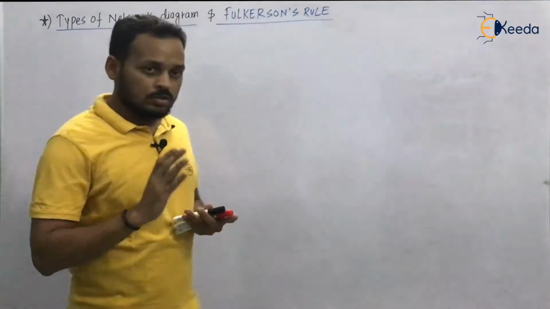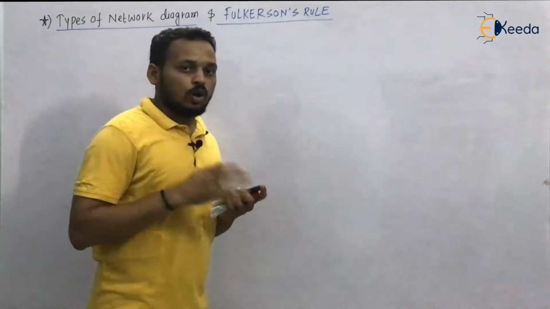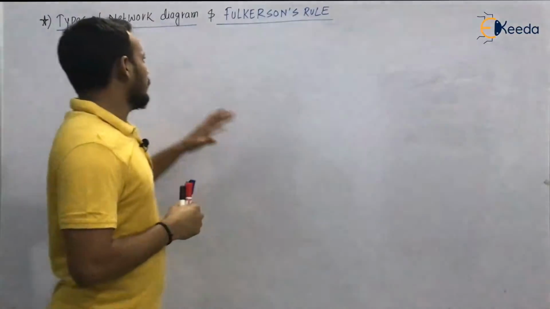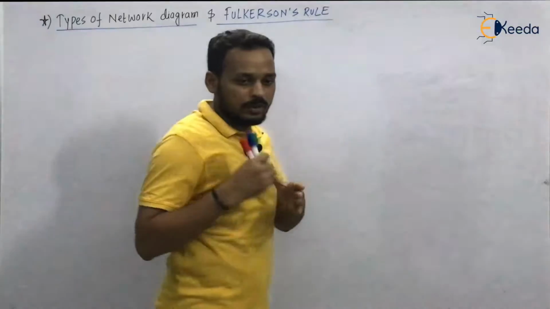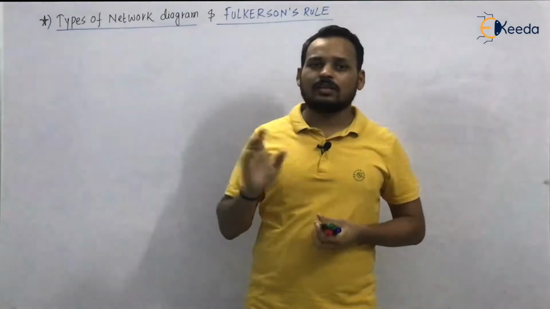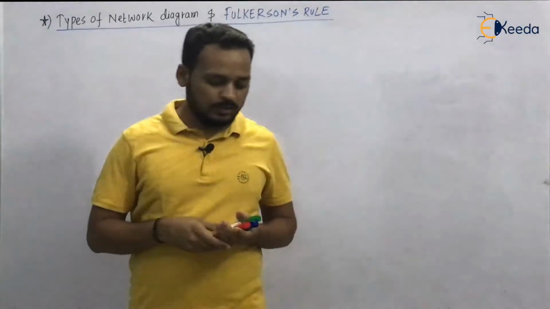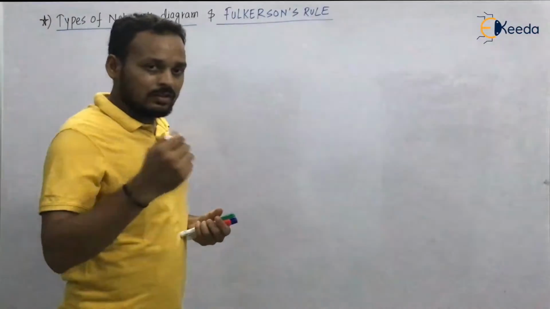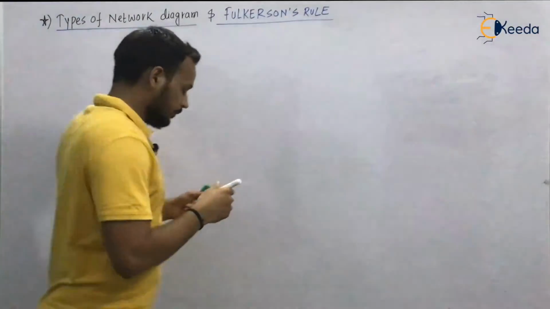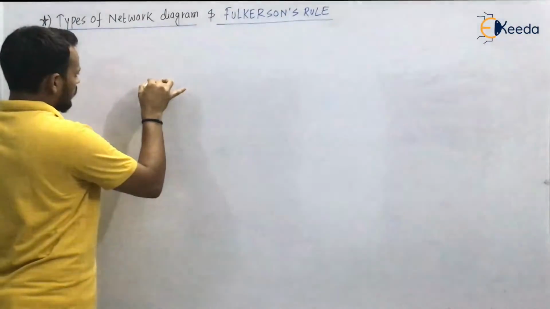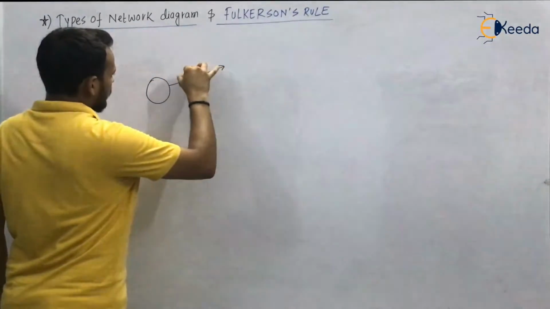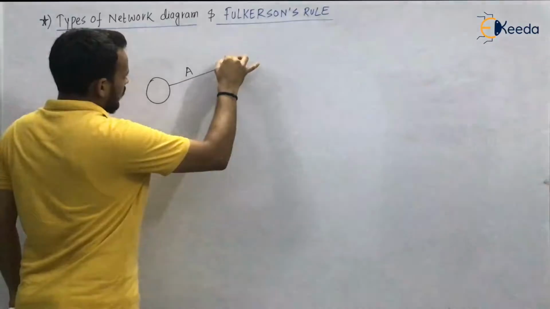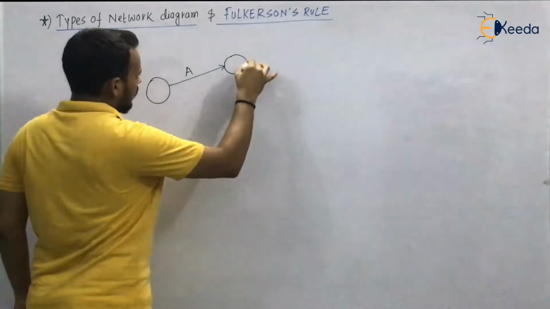You have just gone through the rules, and now we will apply those rules to make the network diagram. So basically I am taking an example. Suppose you make a network diagram like this.